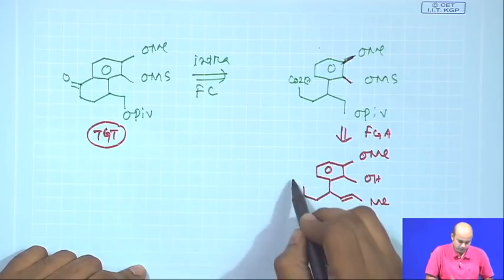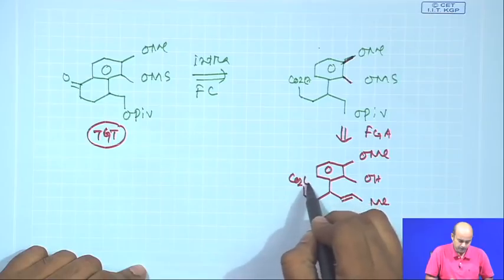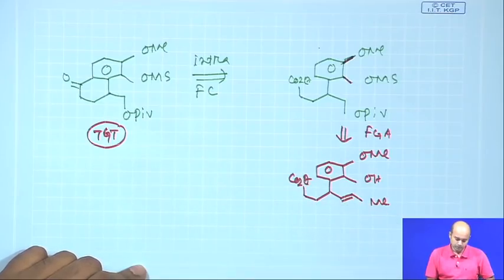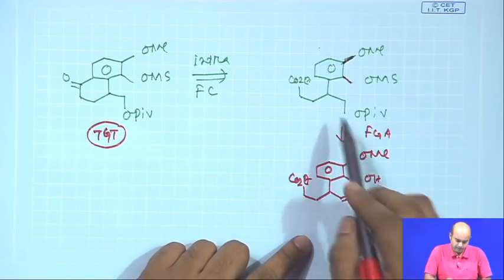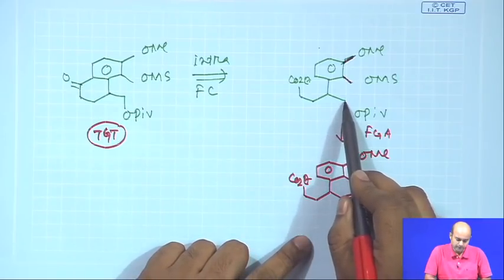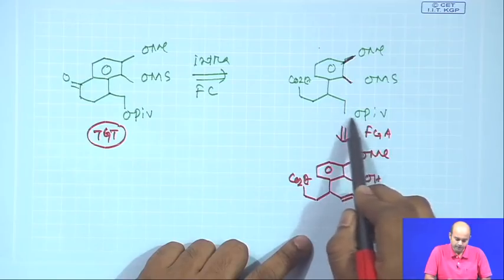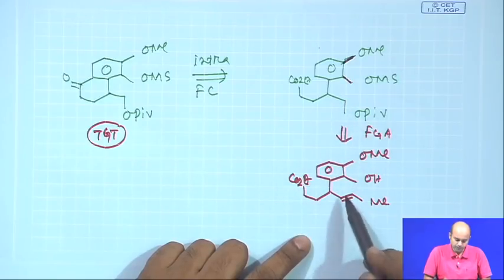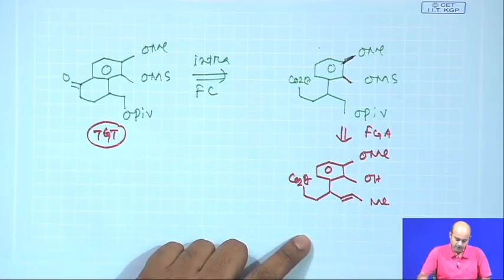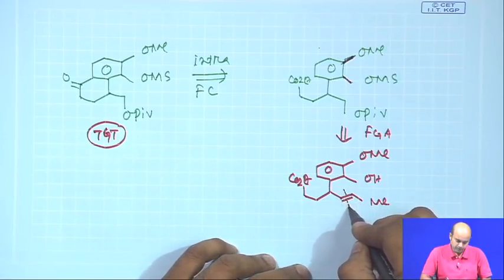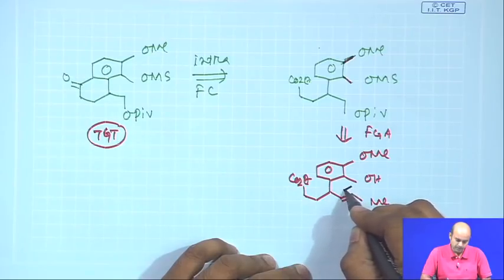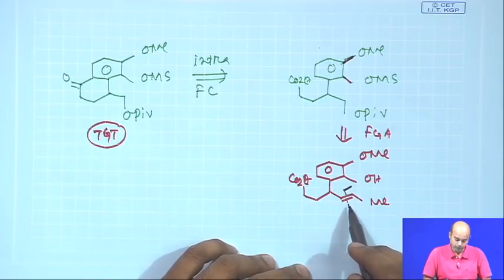Now, look at this retro very carefully, this retro was pretty interesting. We said this pivaloyl group is basically nothing, it is a CH2OH, meaning if you have a CH2OH you can protect it as a pivaloyl ester. Now you may ask how you can think about such an intermediate. Actually, this intermediate at the very beginning is not visible to you.